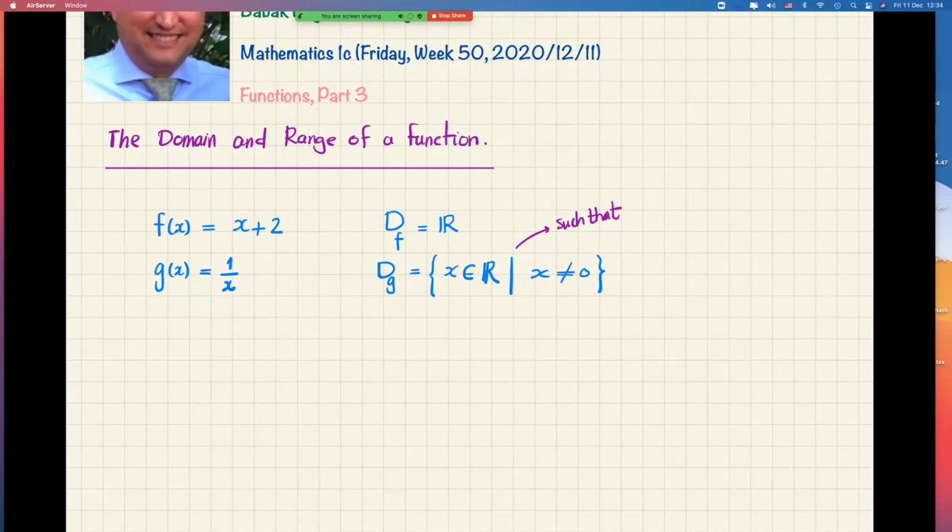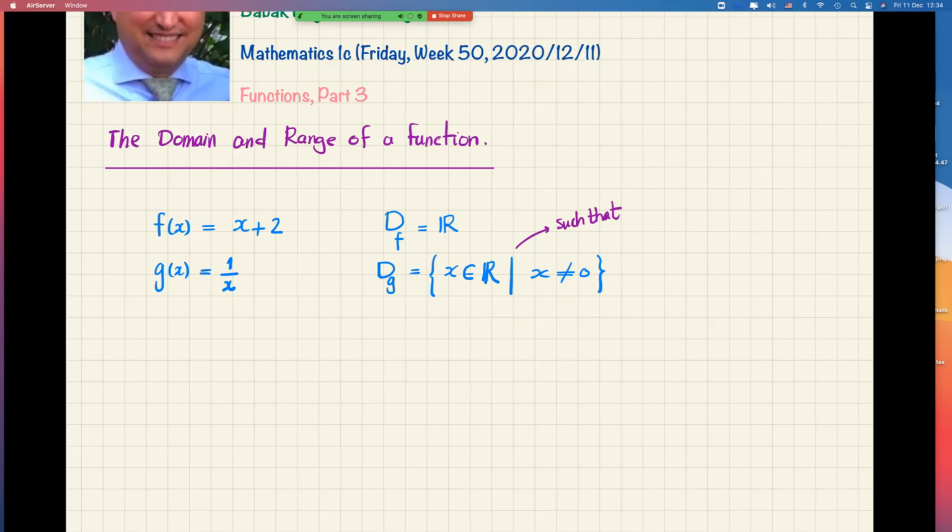I don't want you to get confused. This is the grammar or punctuation rule of how to write, but the idea is very simple. If I ask you what is the domain of this function, I am asking you about the set of all possible values that you can choose for x. If you want to answer this orally, you would say that I can choose every number I like except 0.